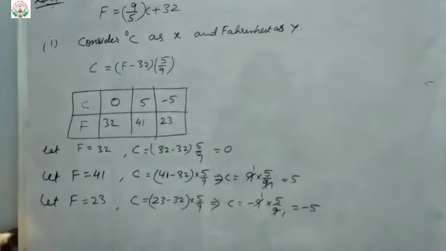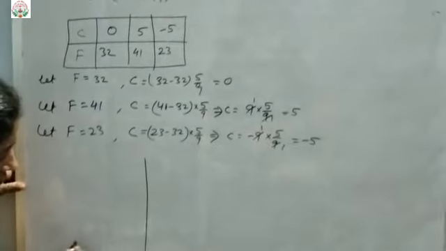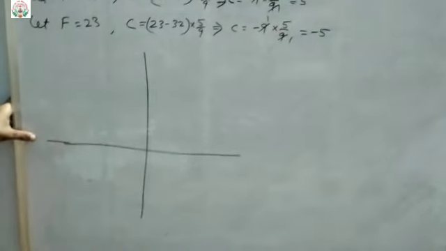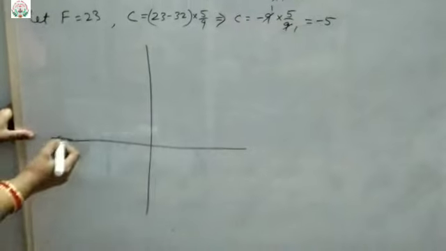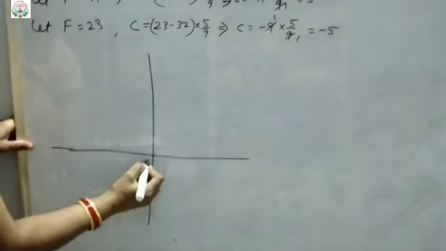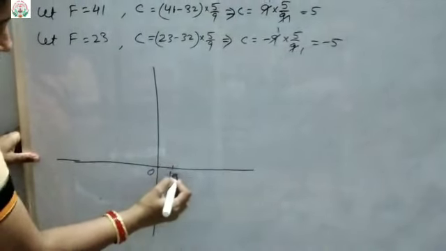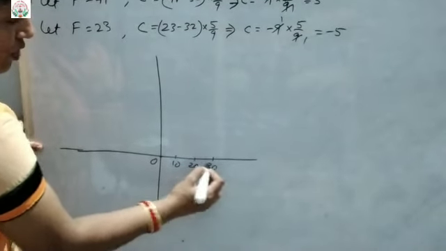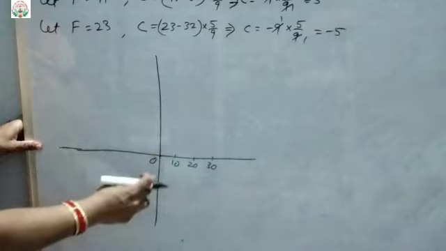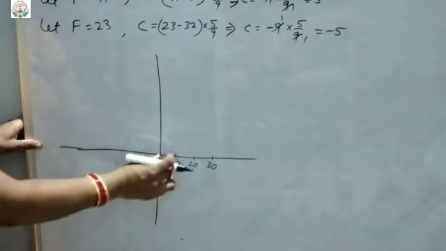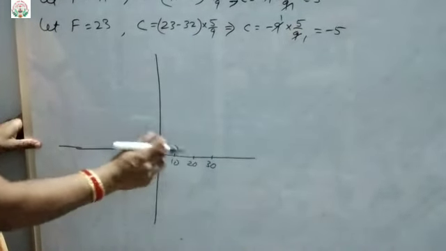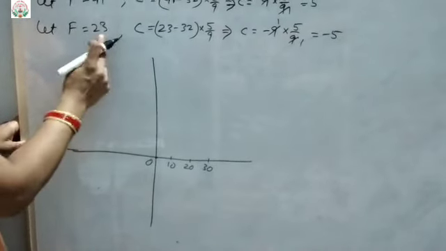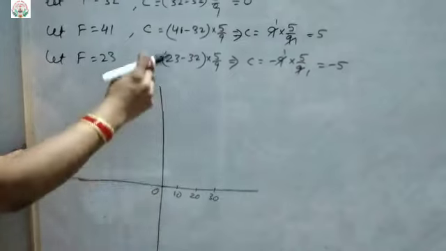Now plot the graph. So here in plotting the graph, what will we do? Here center 0, here 10, here 20, here 30, because each small box in the graph you can take as 1, then the whole big box will have 10 small lines, so it will be easy for calculating these 23, 41 in the graph.